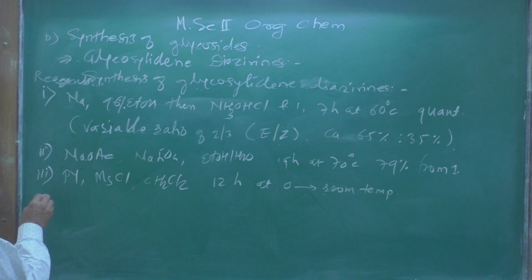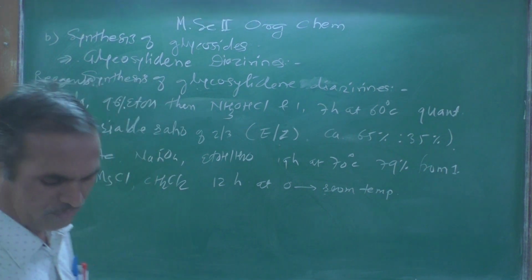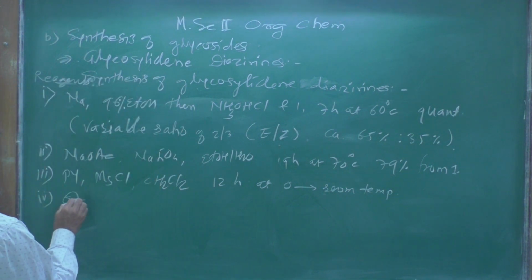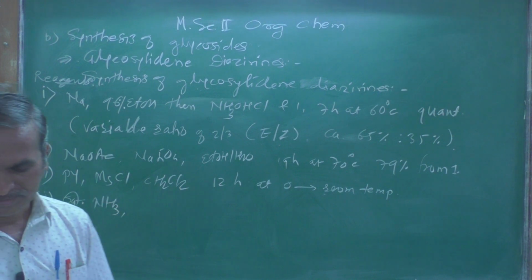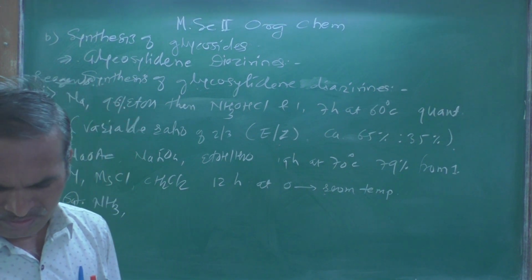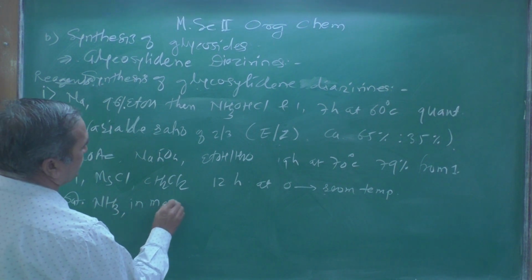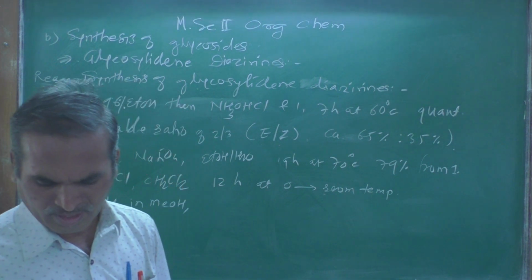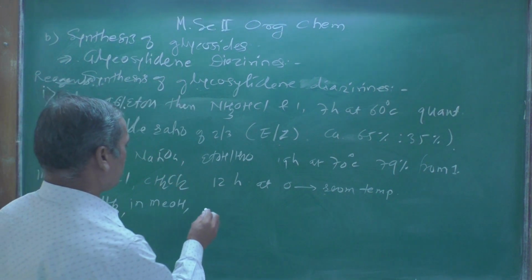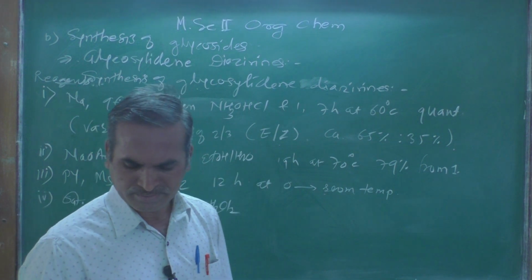Now let us look at reagent number 4. The reagent number 4 is saturated NH3, ammonia, in methanol, MeOH, then again CH2Cl2, dichloromethane.